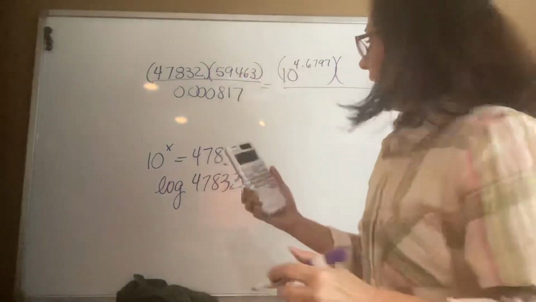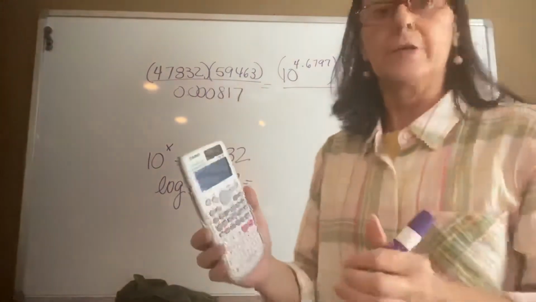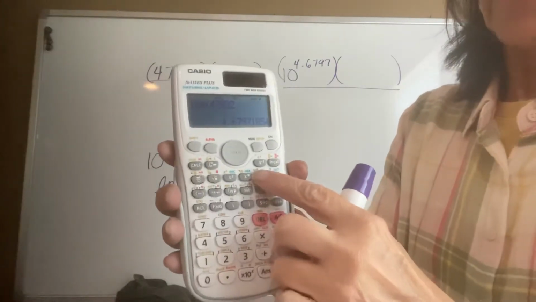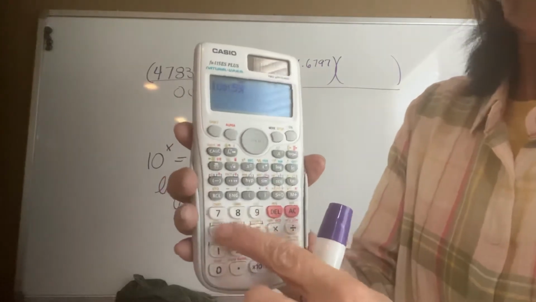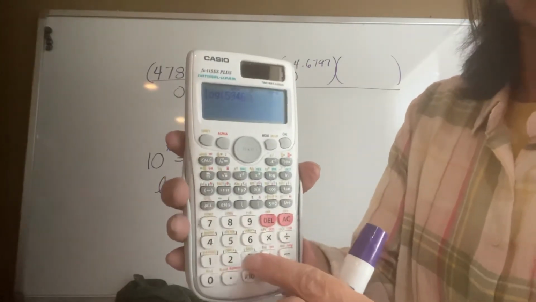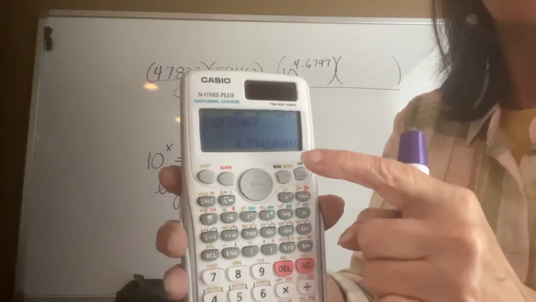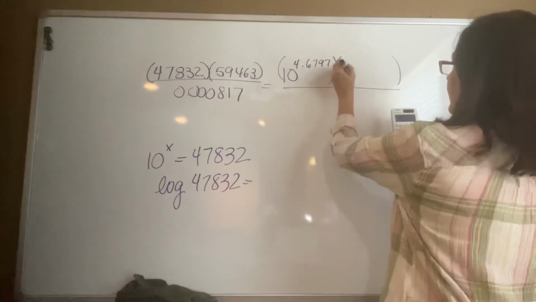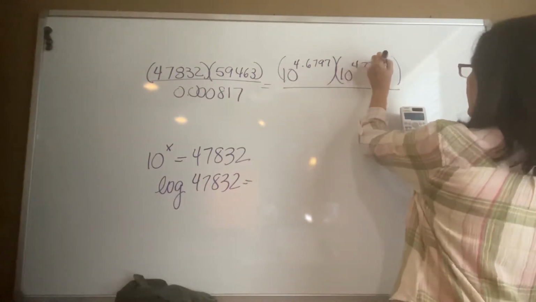Okay? I'm going to do the same thing with 59,463. I'm just going to enter log and 59,463 equals. And it's going to be 10 to that exponent to 4 decimal places. 10 to the 4.7742.